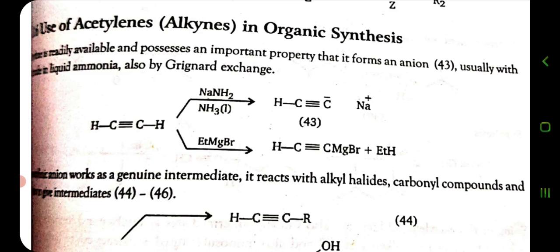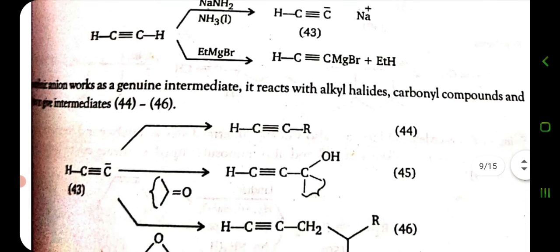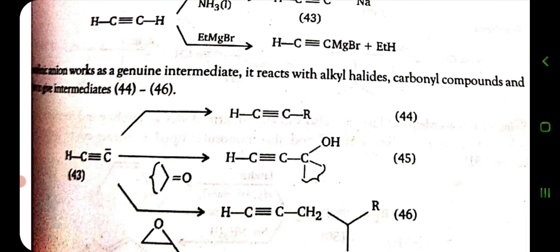The acetylenic anion works as an intermediate. It reacts with alkyl halides, carbonyl compounds and epoxides to give intermediates like compounds 44, 45 and 46.